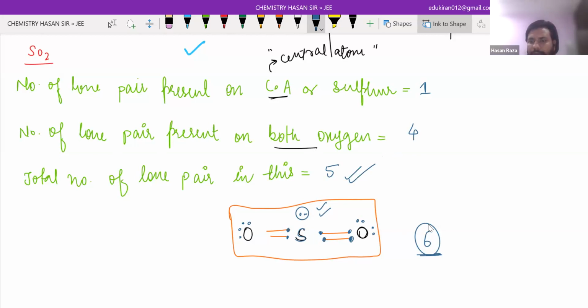Yes, sir. Okay. Now you are going to draw the structure of SO3. First, see which one is your central atom, and accordingly you can do the rest.